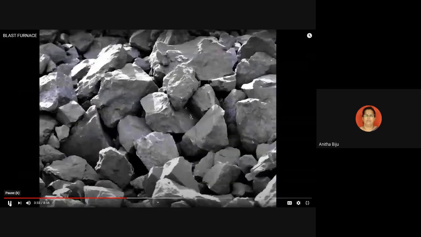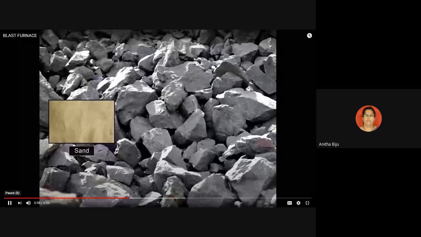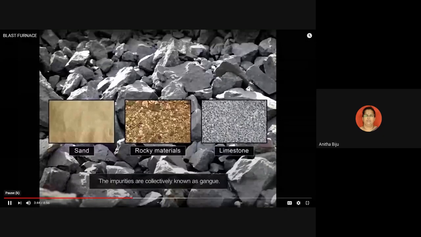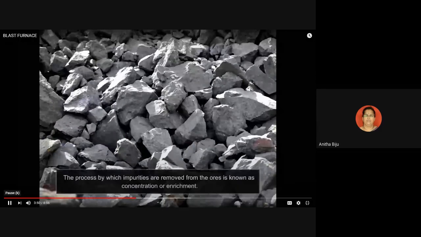Iron ore mined from the Earth's crust contains impurities such as sand, rocky materials, limestone, etc. The impurities are collectively known as gangue. The gangue must be removed before the metal can be extracted. The process by which impurities are removed from the ores is known as concentration or enrichment.